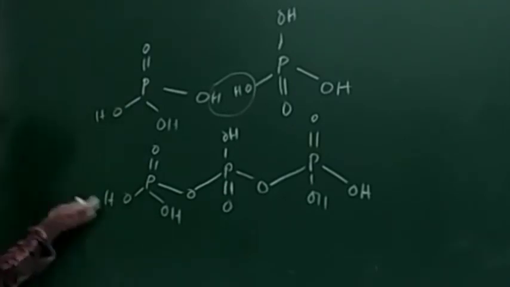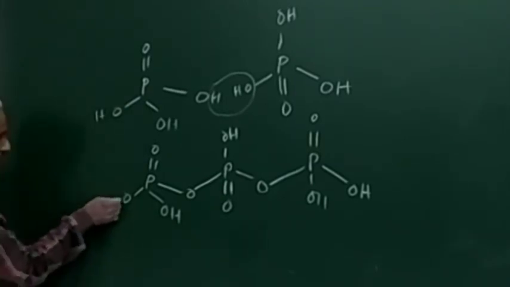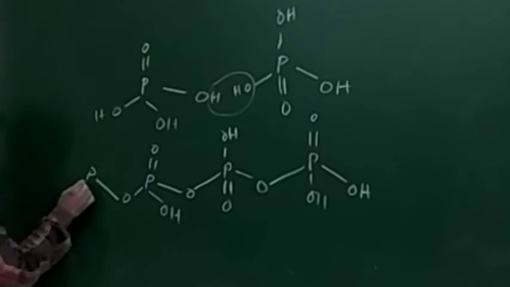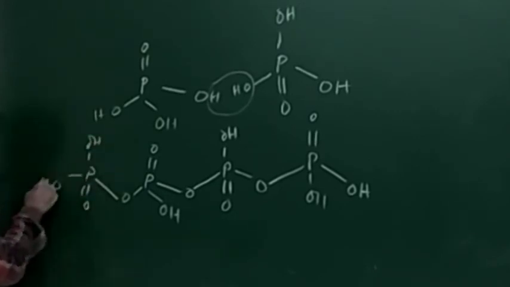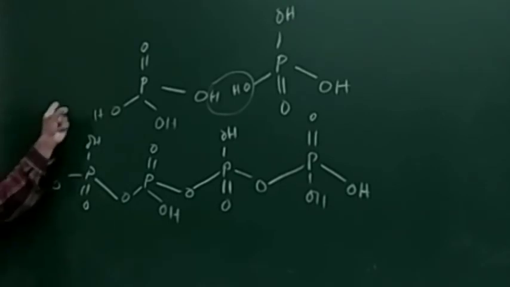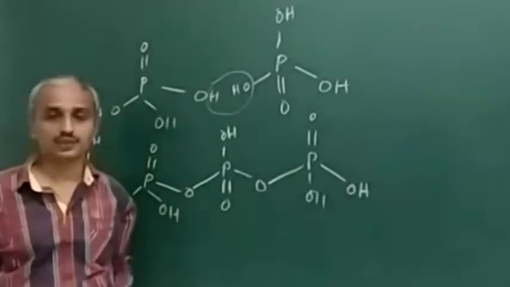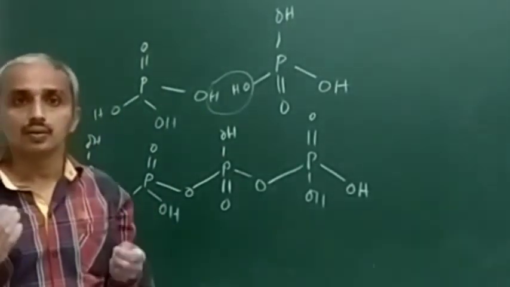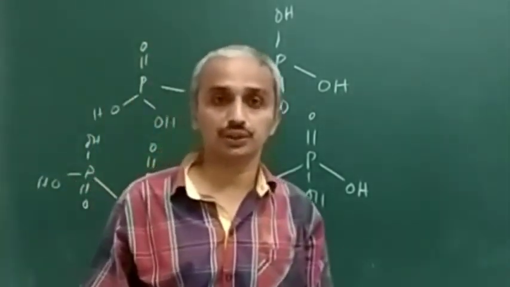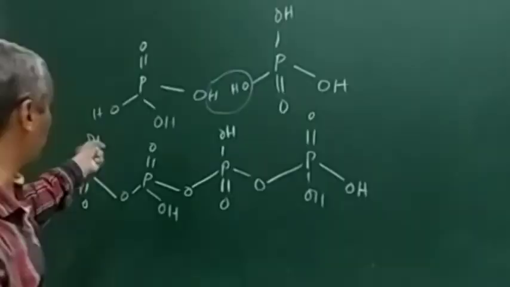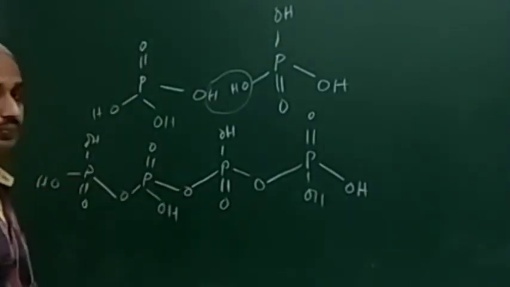This side, water molecule removed. Then what am I going to get? Again, P, OH, double bond O, OH. Like this, the chain continues. That's why I get n times. That is polymetaphosphoric acid. So POP bonds are there in this also.